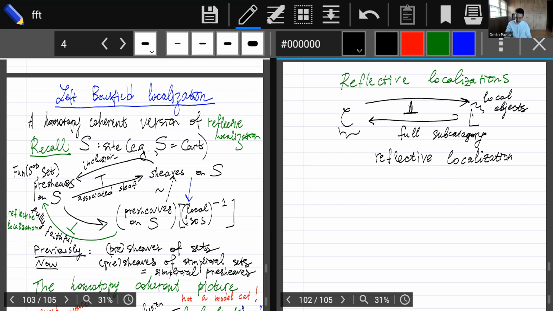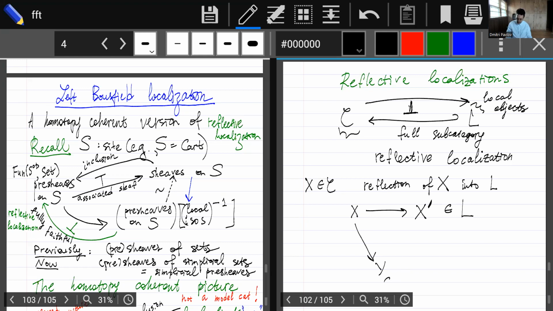And the inclusion functor of local objects into the entire category is a right adjoint functor, so it admits a left adjoint functor, which means that given any object X in C, you have its reflection into L. It will be a map from X to X prime, where X prime is a local object, and it has a universal property that for any map from X to some other local object Y, there is a unique morphism that makes this triangle commute.